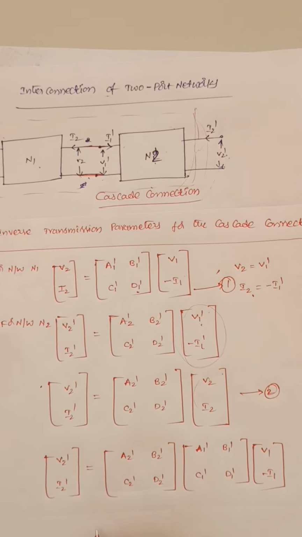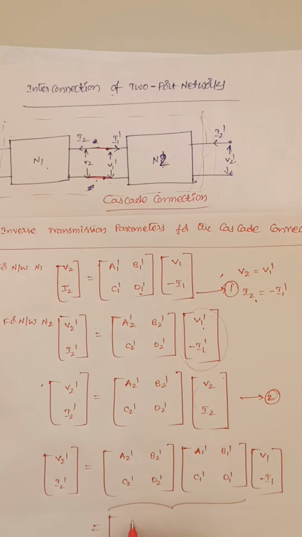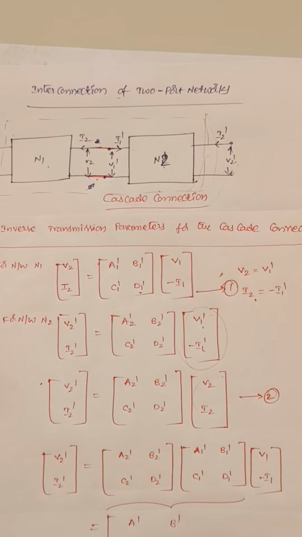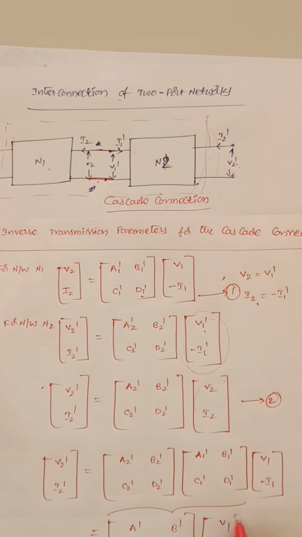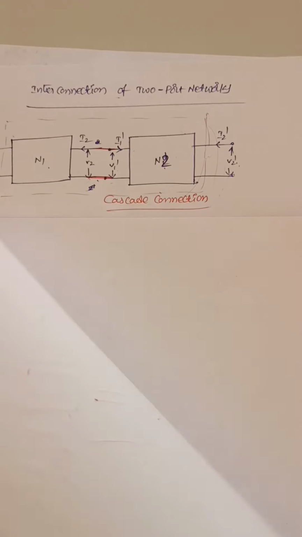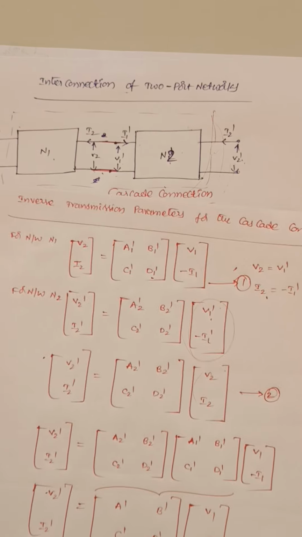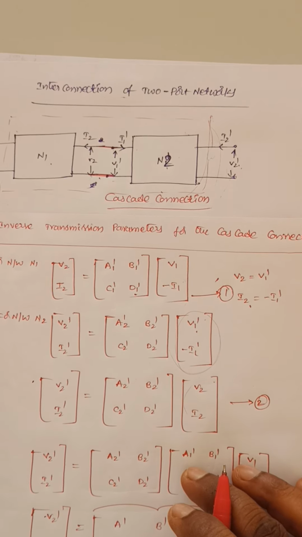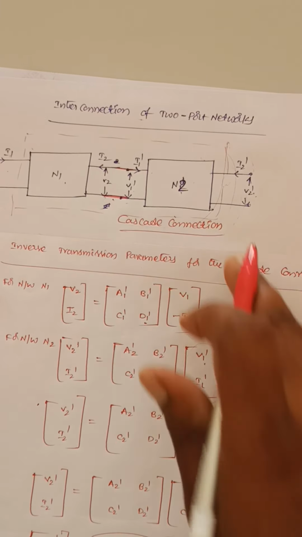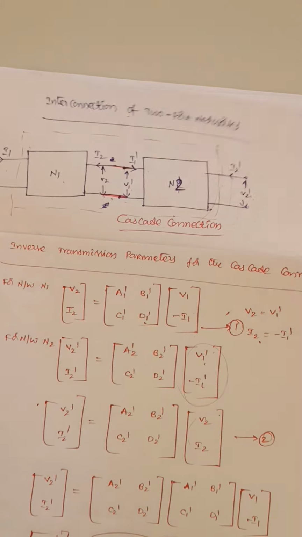For this, let us assume it is A dash, B dash, C dash, D dash, times V1, minus I1, where these A dash, B dash, C dash, D dash are the inverse ABCD parameters or inverse transmission line parameters for the combination of the total network N1 and N2. That means for this cascade connection, the inverse transmission line parameters are A dash, B dash, C dash and D dash.